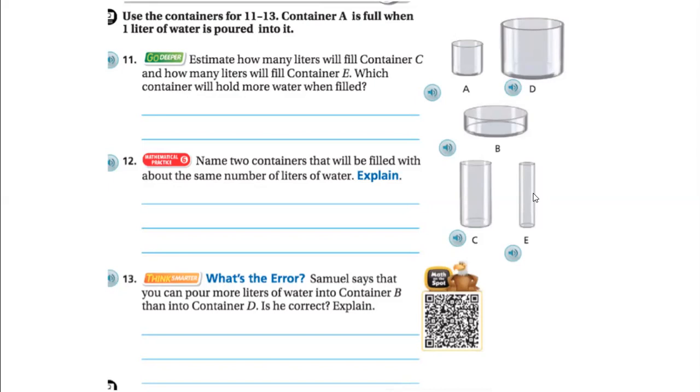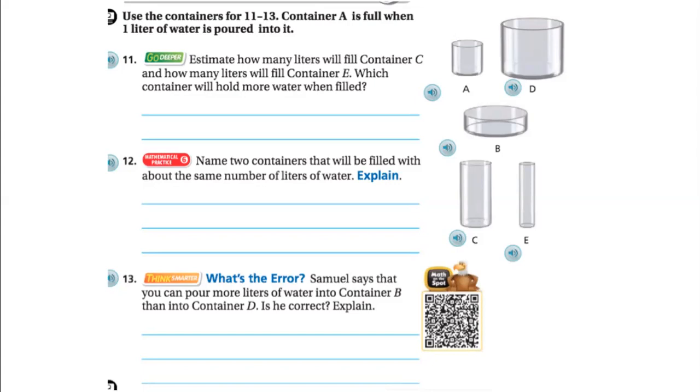For this one, we can estimate. Estimate means to make a guess. The information that we already know is that container A, when it is full, is 1 liter of water. If I look at container A, and I know that A is 1 liter, and then I compare it with C, I have a feeling that it's going to be about 2 liters of water.